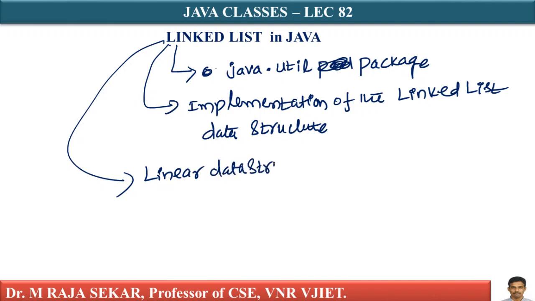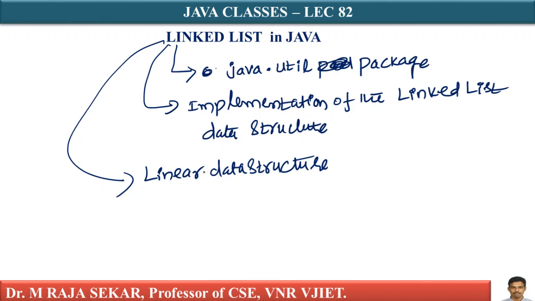Linear data structure means you can store the data in a linear fashion. In simple words, a data structure is something which can hold data. Why is it called a linear data structure? Because we store data in a linear fashion, isn't it?